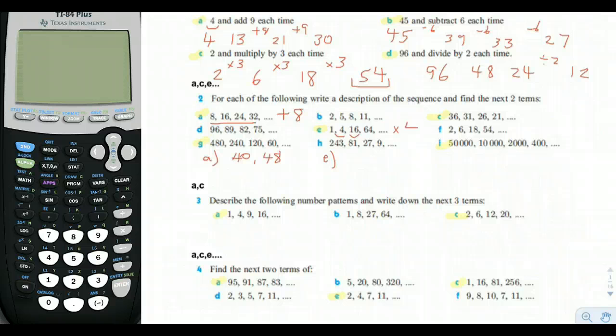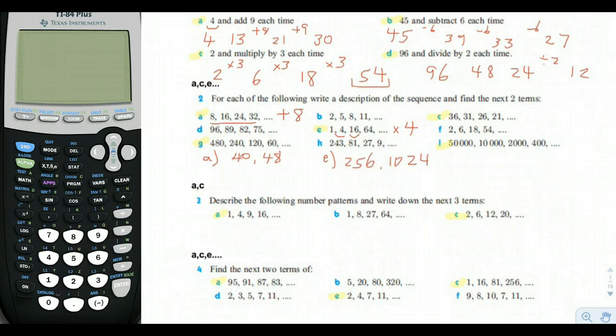So it appears multiplication by 4 is the rule. And the next number would be 64 times 4, which is 256. And then 256 times 4 would be 1024.